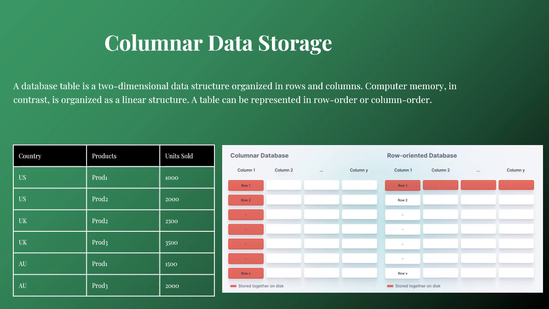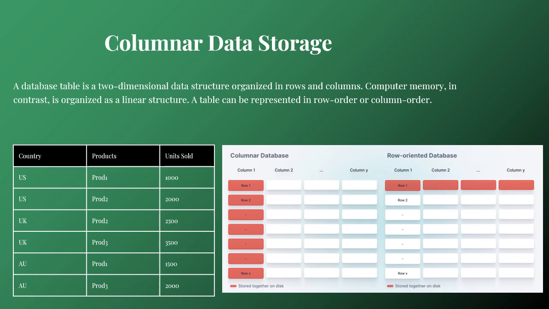Now, if it is a row-oriented database, typically each row's entries will be stored together on the disk. Whereas in a columnar database, all the values of the column will be stored together on the disk.